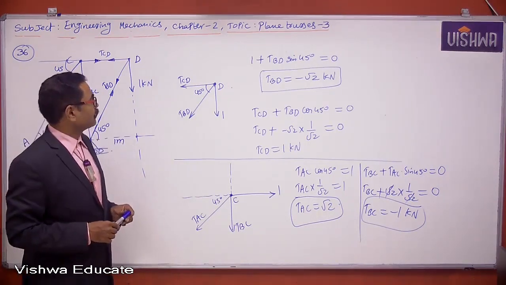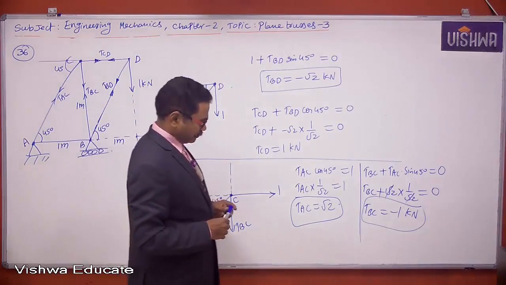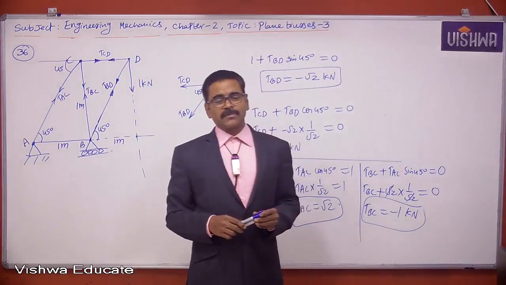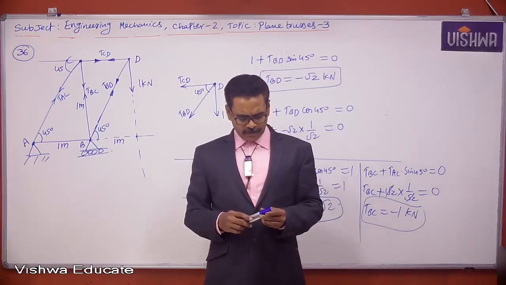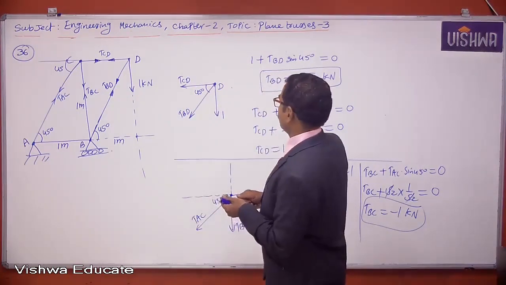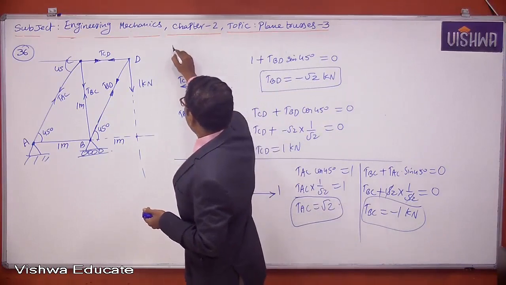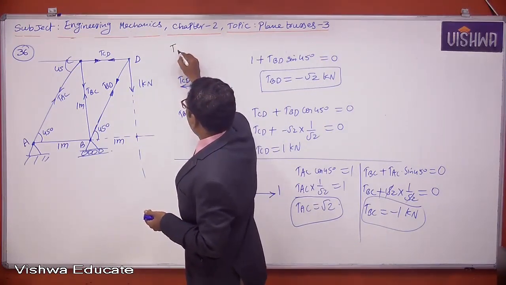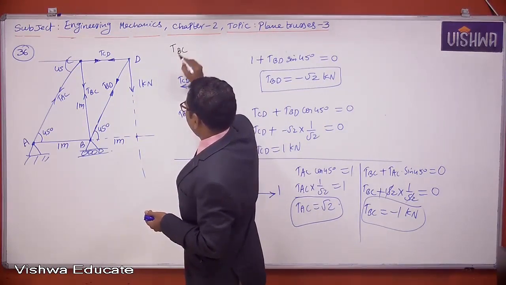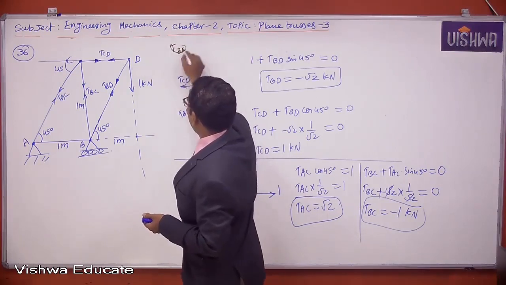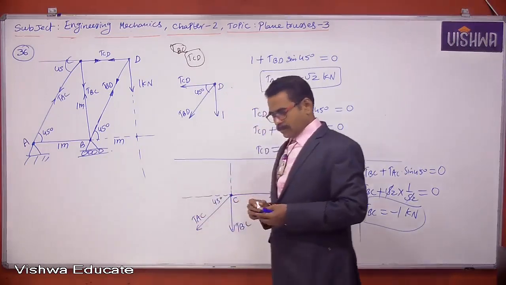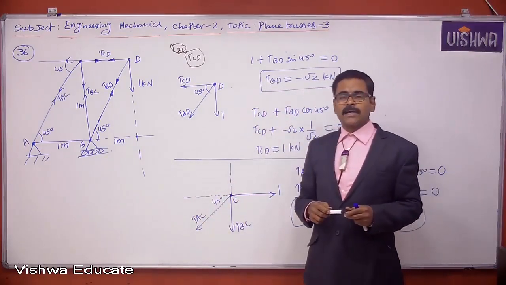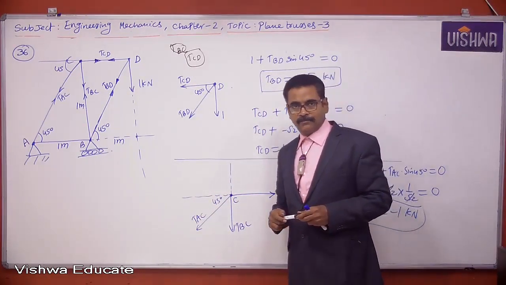Sometimes without finding support reactions, we can find the force carried by a particular member. So always in method of joints, we need not start from supports. What we do is, for example, in a truss, I want to find maybe TCD. What is the force carried by member CD?